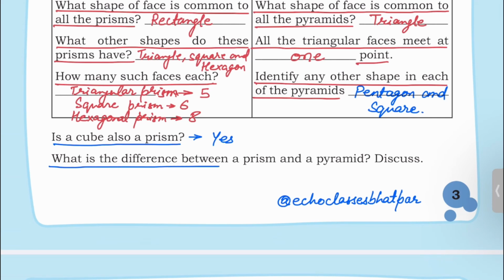What is the difference between a prism and a pyramid? Discuss.